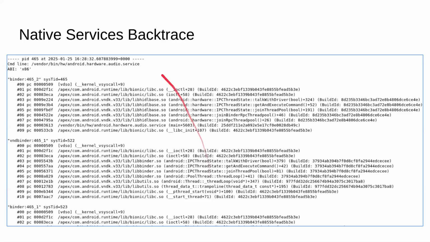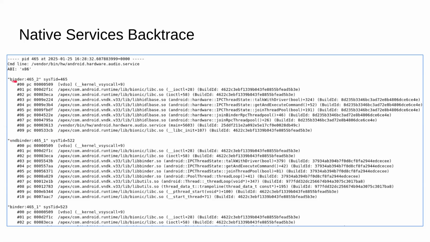So the native services backtrace really helps to understand the thread state when some of these issues happen, like when the native services crash or something like that. This really helps.